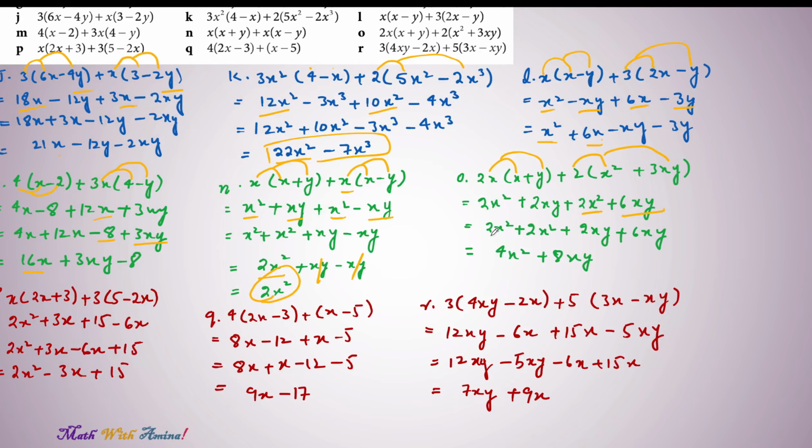Combining the like terms, we get 2x squared plus 2x squared, which will give us 4x squared, and 2xy plus 6xy gives us 8xy. So the simplified expression would be 4x squared plus 8xy.